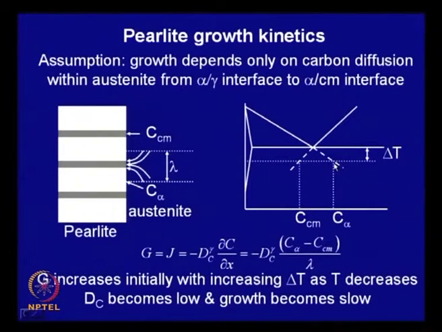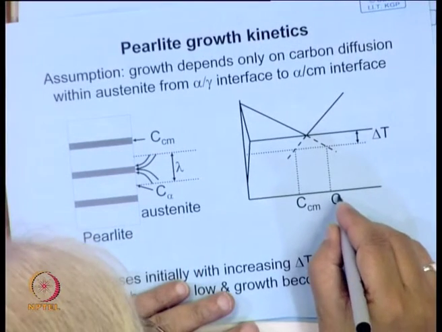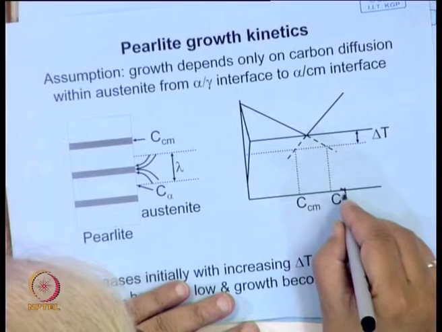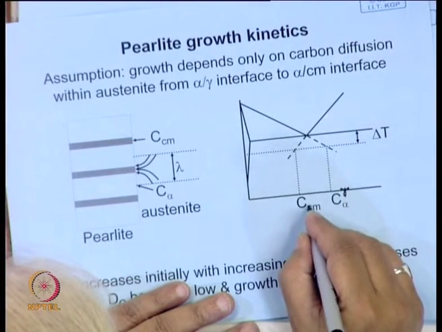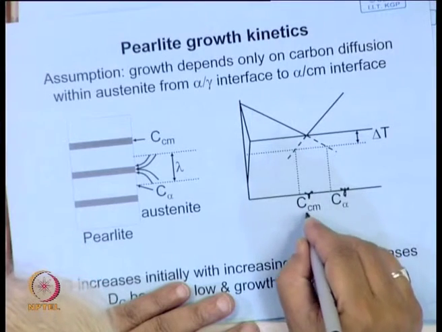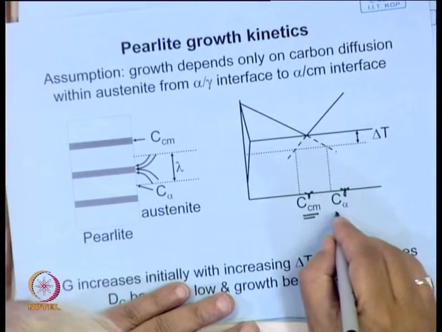This is the carbon concentration in ferrite which remains in equilibrium. This is the carbon concentration in austenite. Rather, to avoid confusion, we write it like this: this is the carbon concentration in alpha near the gamma interface, and this is the carbon concentration in gamma near the cementite interface.